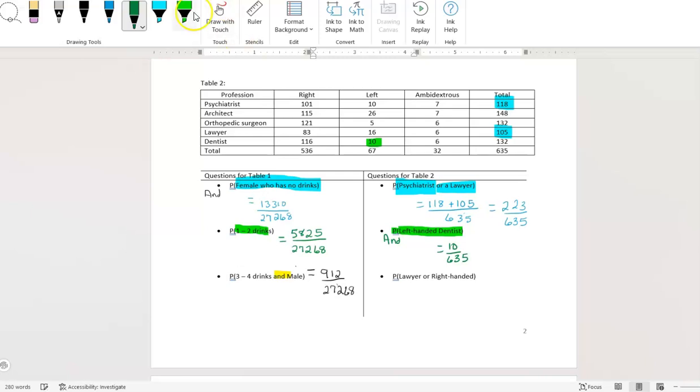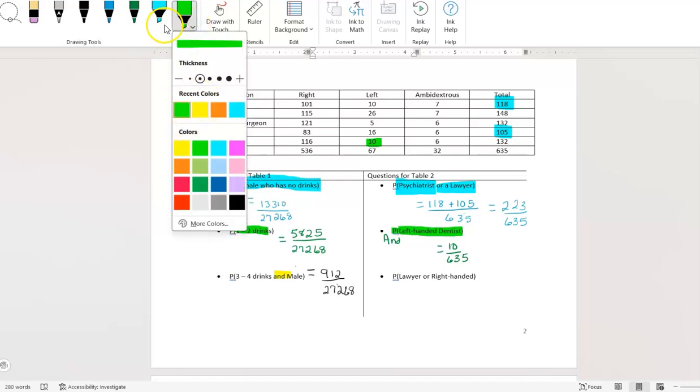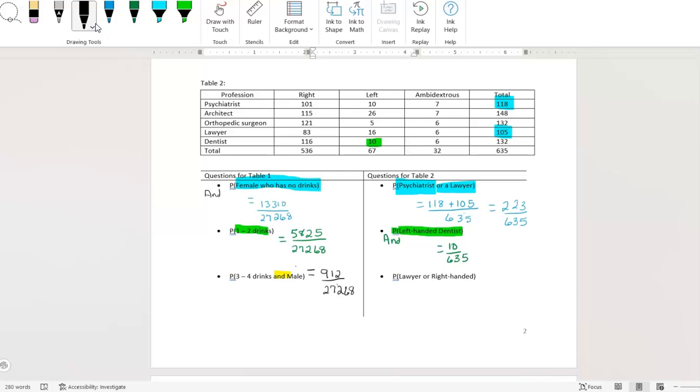635. Now for the last one, actually, I think I'm just going to do it in black. We want a lawyer or being right-handed. So we know that there are 105 lawyers. We know that there are 536 right-handed people, but we also know that we have 83 lawyers that are right-handed.